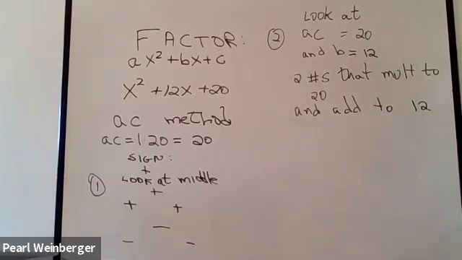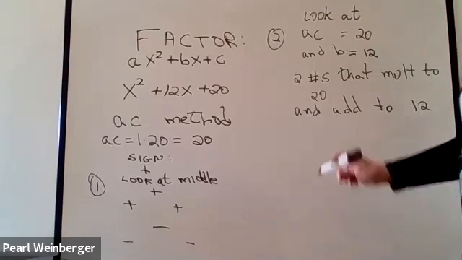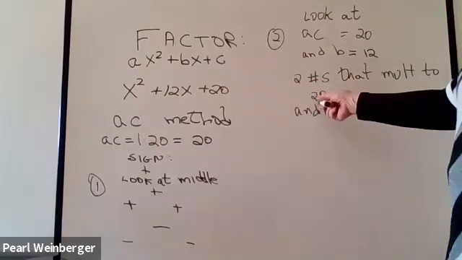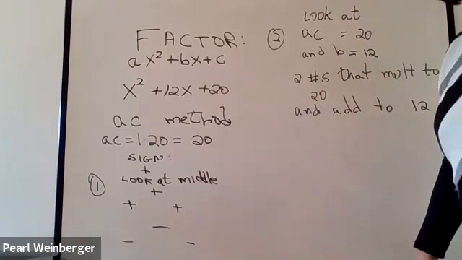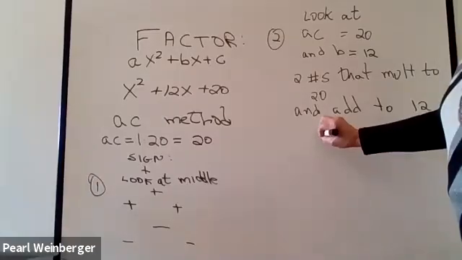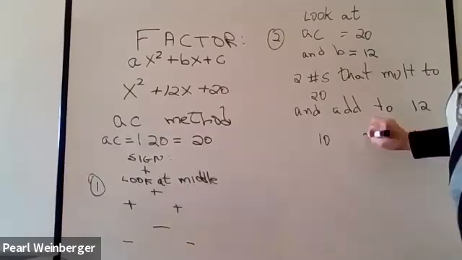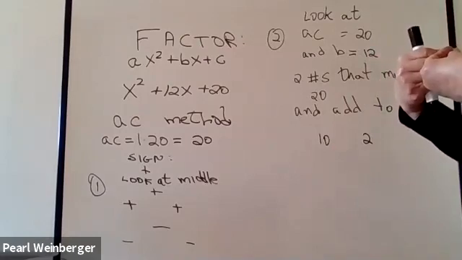Can we think of any numbers that would work? Can you think of any numbers that multiply to 20 and add to 12? I think we can think of them as 10 and 2. So we have these two numbers, 10 and 2, that meet this criteria.